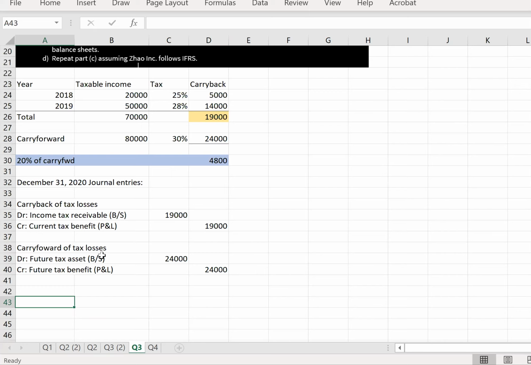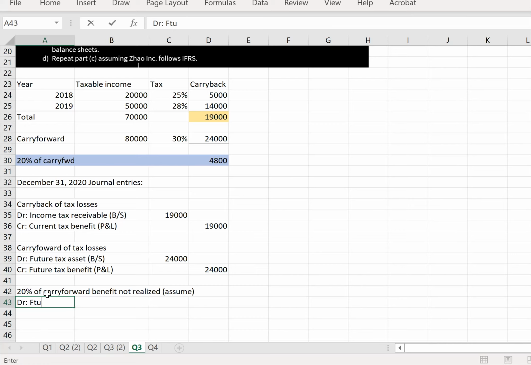We don't hit the future tax benefit, the P&L. So we're actually setting up two separate accounts, almost like an accumulated amortization account, how you're not hitting the asset. And that's the same idea with this allowance for the 20% of carry forward not realized: we're going to set it up in an allowance account. And we don't know if it's going to be realized or not, but that's the assumption, that we don't know if we're going to have taxable income that we can use to offset those tax losses.